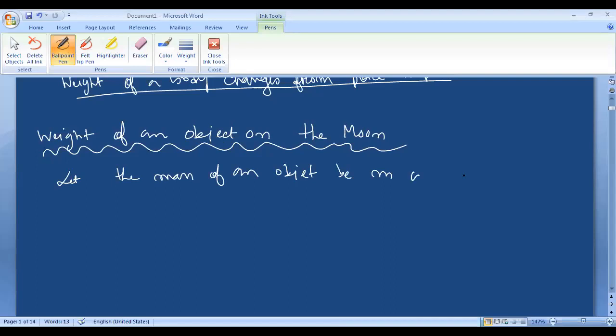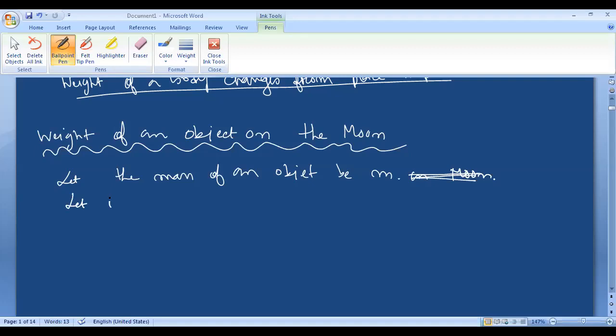No need to write on Moon. Just write down this one: let the mass of an object be m, small m.